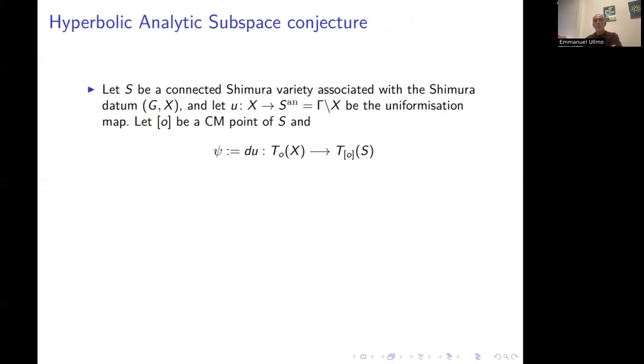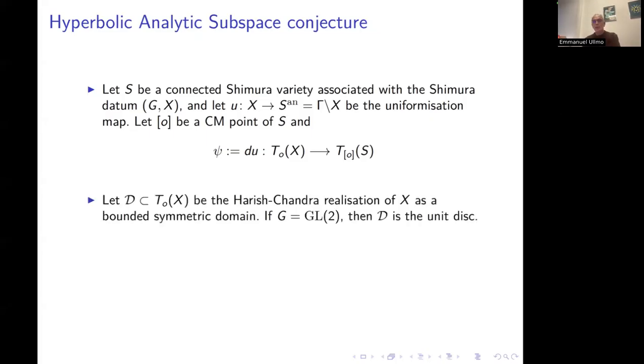If you have a connected Shimura variety, then you have a uniformizing map, and you naturally have the derivative of this uniformizing map, which relates the tangent space at a point of the Hermitian symmetric space to a point in the Shimura variety.